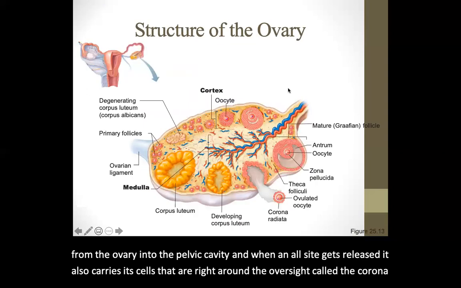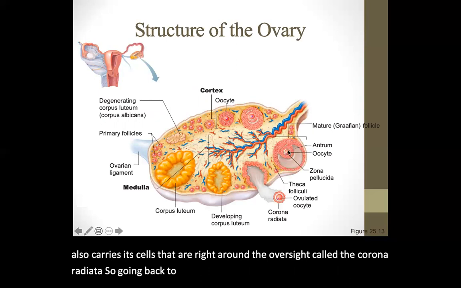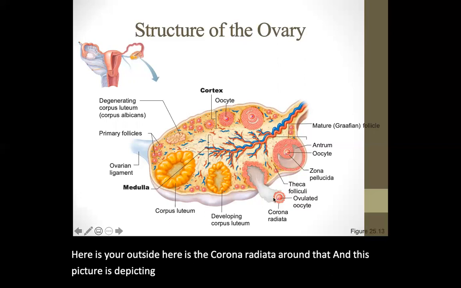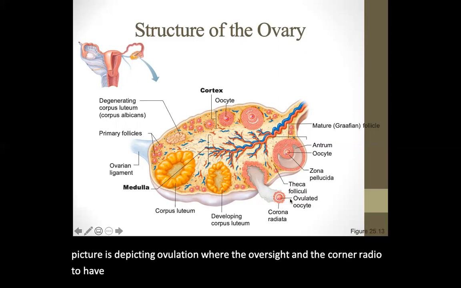So going back to the picture, here is your oocyte, here is the corona radiata around that. And this picture is depicting ovulation, where the oocyte and the corona radiata have been released into the pelvic cavity from the ovary.